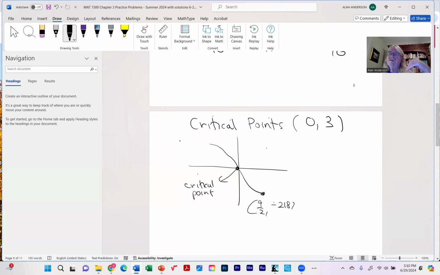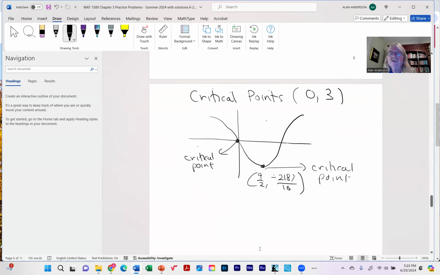The slope is negative on both sides of this point. So the function is continuously decreasing until we reach this critical point, which happens to be a minimum. If we test the first derivative on either side of this point, we would expect to see it go from negative to 0 to positive.